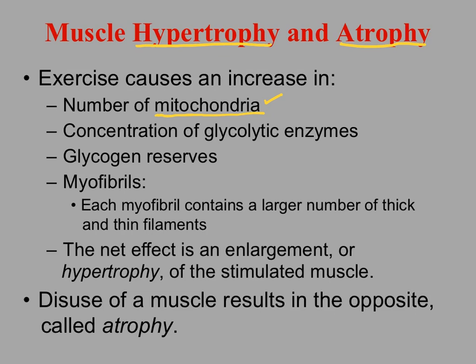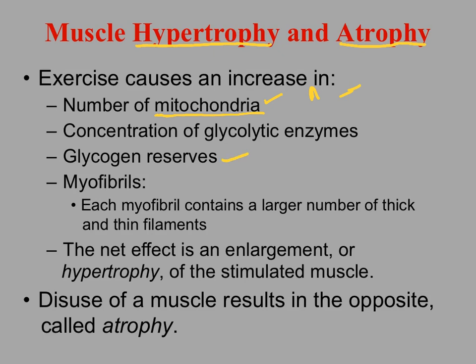The muscle also realizes, well, in order to make more ATP, because you're putting more demand on me, I need more fuel for the mitochondria. So the muscle cell increases your glycogen reserves. Glycogen is stored glucose.